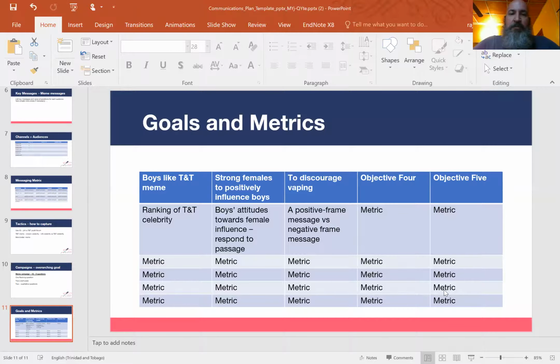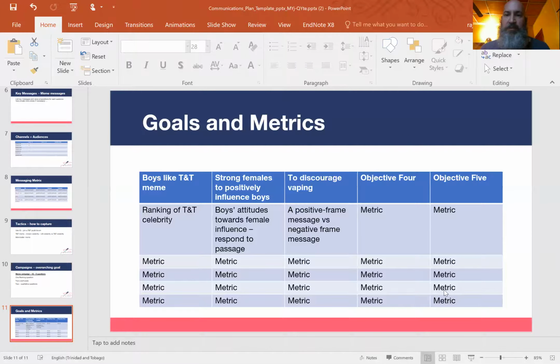I'm saying strong females will positively influence boys, so a sibling, maybe a sister or a mum. And so I'm going to test how they view the meme with the female characters in it, and maybe someone who looks like a Trinidad mum or Trinidad sister, for example.